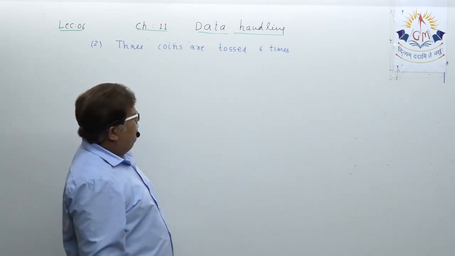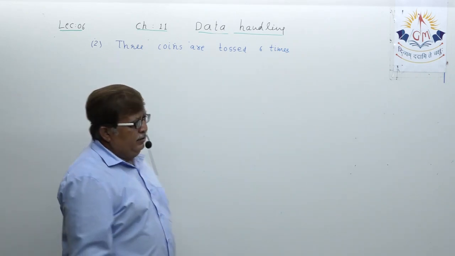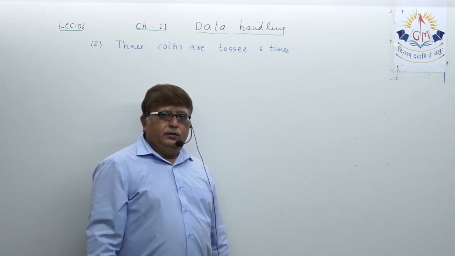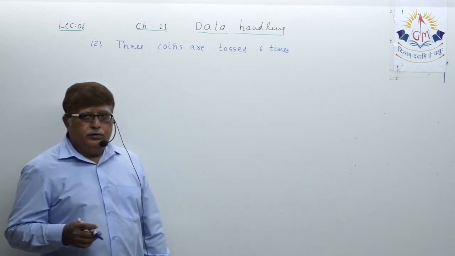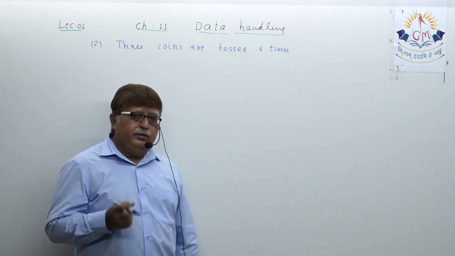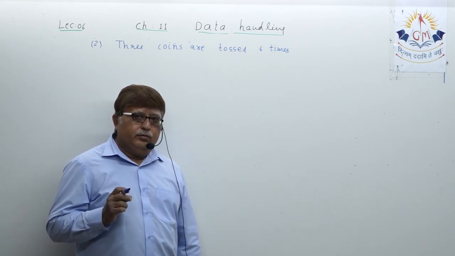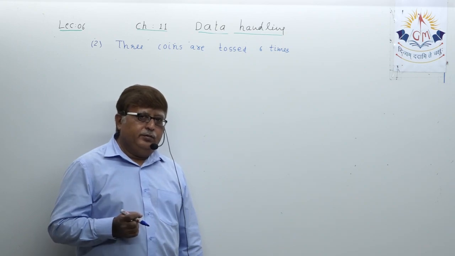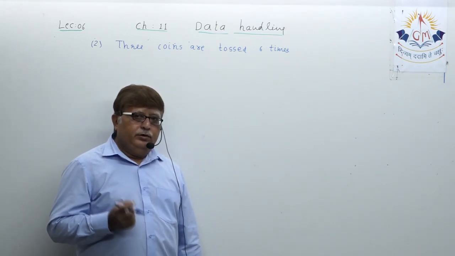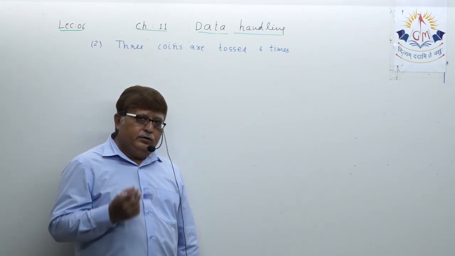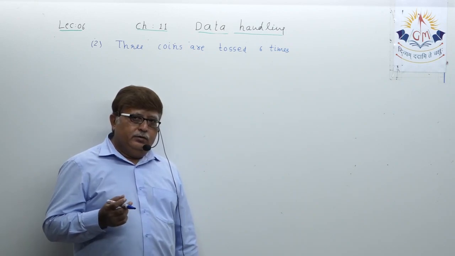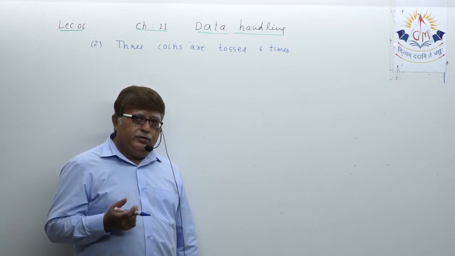In our lecture number 5, if you can remember, there was an example where a pair of coins, meaning two coins, were tossed 8 times.